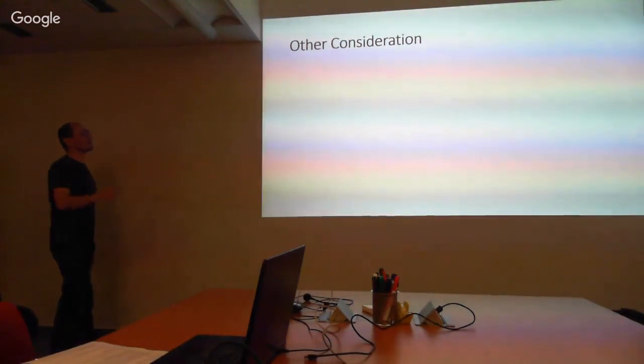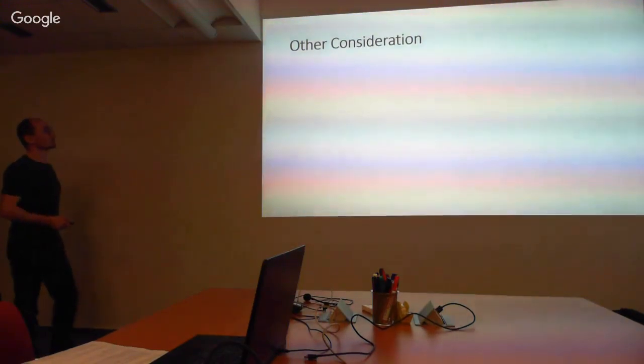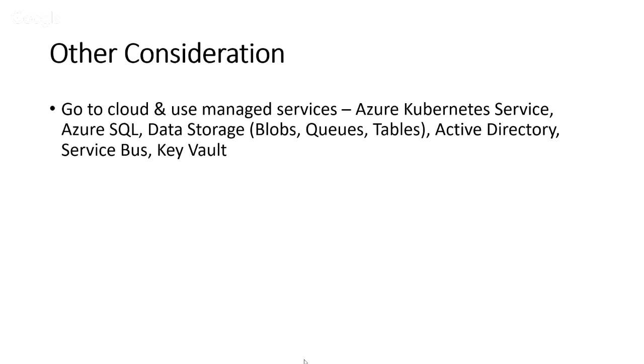Yeah, apart from the stuff I mentioned, there are many other considerations when it comes to microservices. At least from our experience, what made our life much easier was the decision to go to the cloud. A lot of things we don't have to install. We just use managed services offered by the cloud.